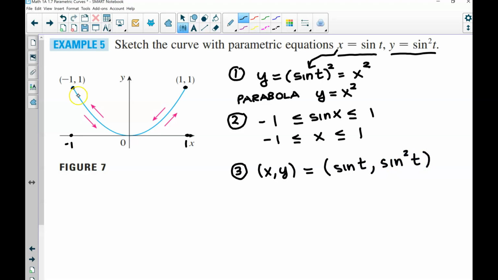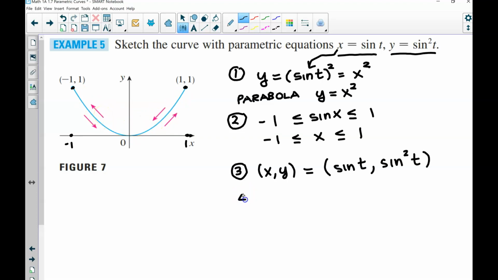Because you have closed dots at each end, what's happening is that it's going to be moving back and forth infinitely often along the parabola. As the particle moves back and forth here, that's the motion of the particle.